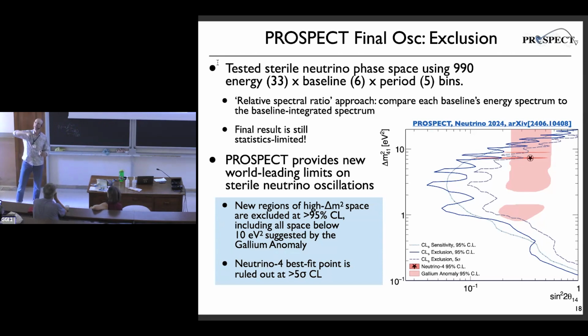So that's why these wiggles are so fast. And you see the same thing in Prospect, right? We have very good sensitivity at like 6 eV squared, and then we have a trough at 7 eV squared. But Prospect looks a little wider than Neutrino-4.